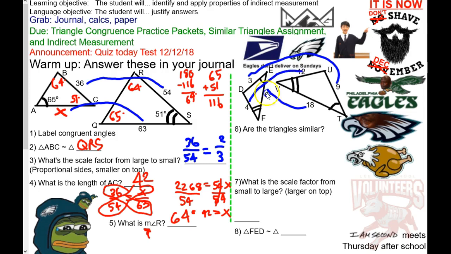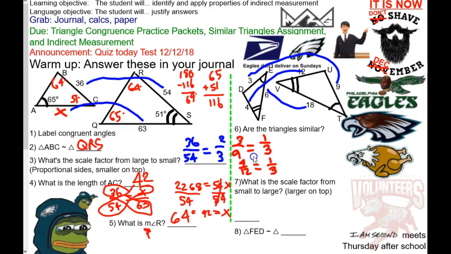So notice these have been rotated. This little triangle has been rotated and blown up. So each of those corresponding connections makes a fraction, and it is similar if they are all equal in their proportions. So let's do that. 3 over 9 equals 1/3. 4 over 12 equals 1/3.